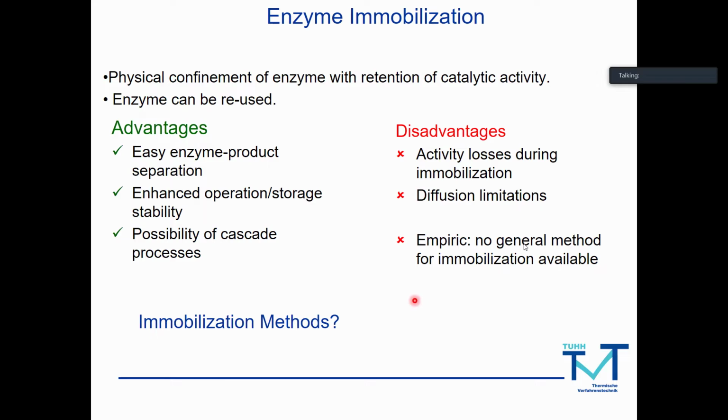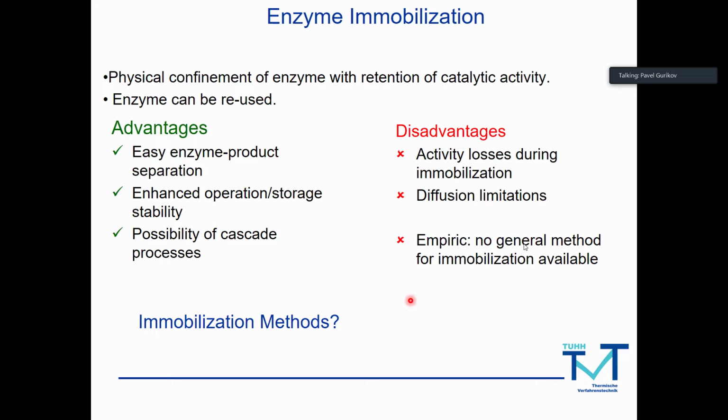We said, okay, we're going to create a system which has an enzyme as a catalyst. We want to incorporate this enzyme into a small microreactor, but we want to immobilize it, because otherwise it simply will be washed away. So it has to stay in the reactor all the time.